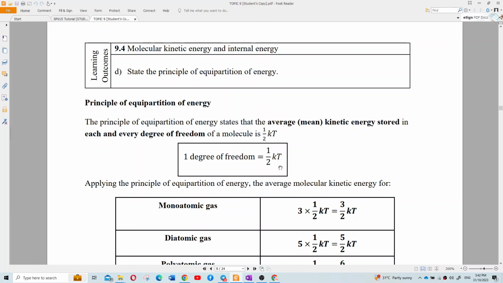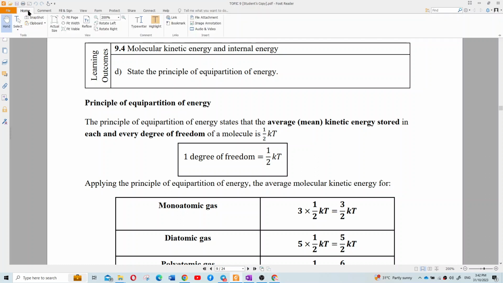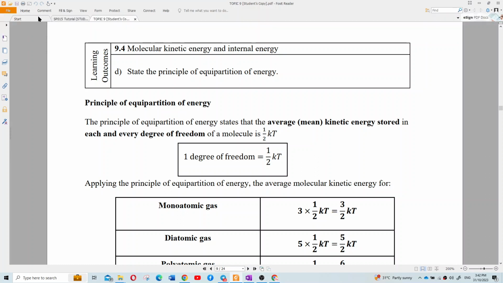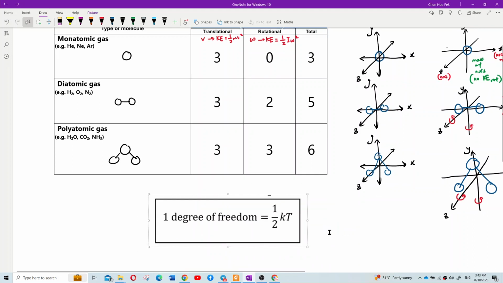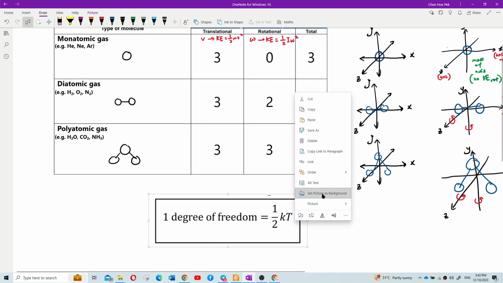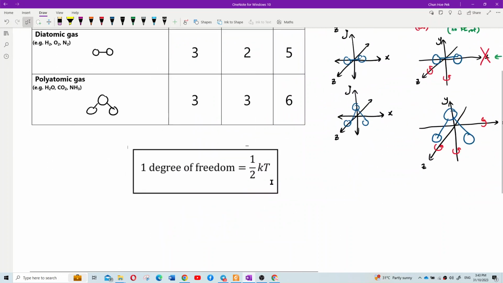Maybe I want to write it down. Screenshot this one. Yeah, 1 degree of freedom is half kT. This is the most important formula in today's lesson.